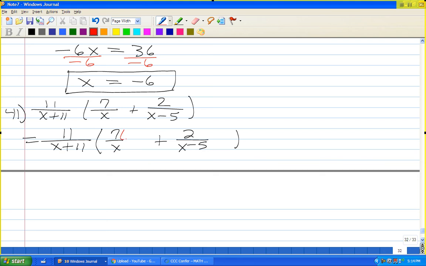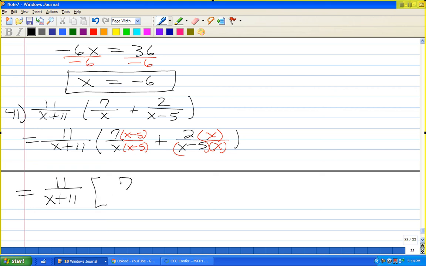Okay, so let's get a common denominator so I can add these. So let me multiply and divide by x minus 5. Multiply and divide by x. So this is equal to 11 over x plus 11 times 7x minus 35 over x minus 5 plus 2x over x minus 5.